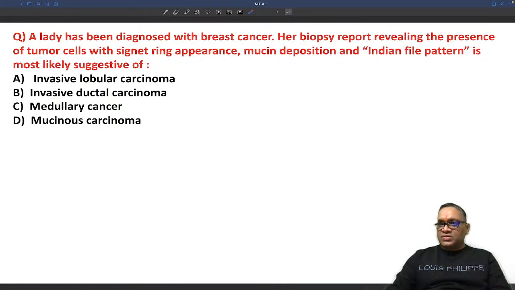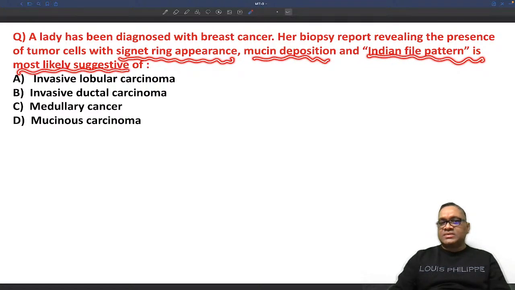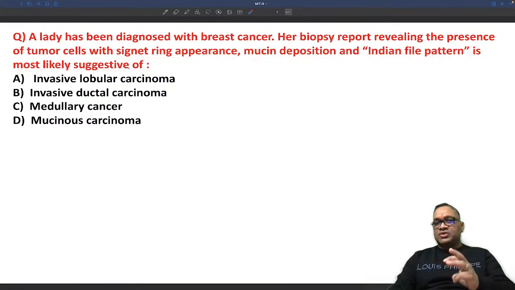A lady has been diagnosed with breast cancer. Her biopsy report reveals the presence of tumor cells in a signet ring appearance. Mucin deposition and Indian file pattern is most likely suggestive of. So mucin deposition, signet ring appearance, Indian file pattern. So tell me which breast cancer it can be.